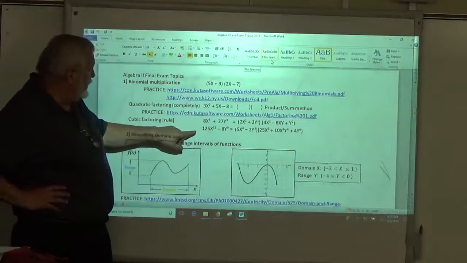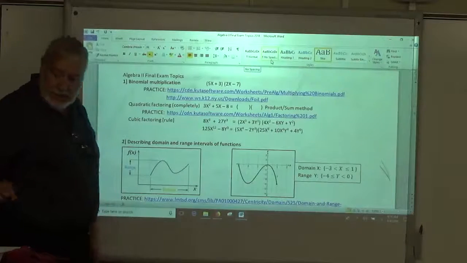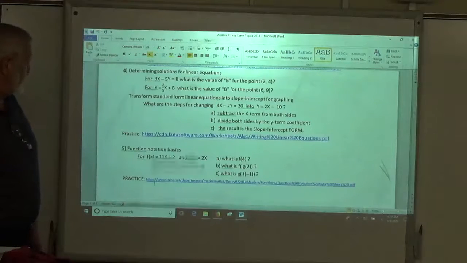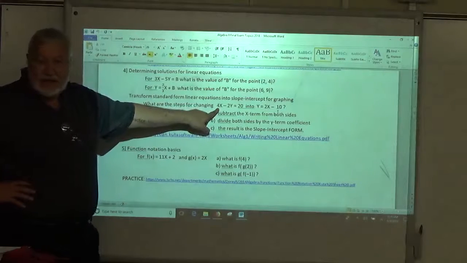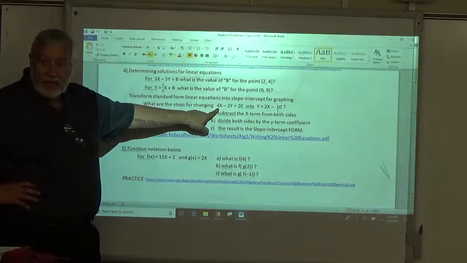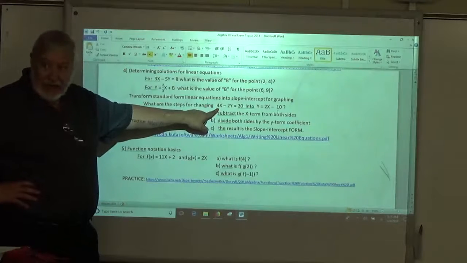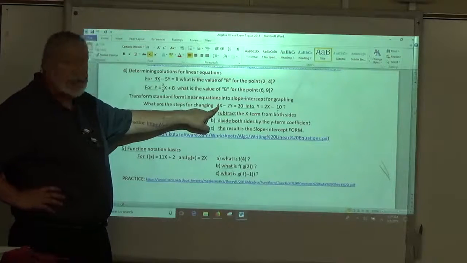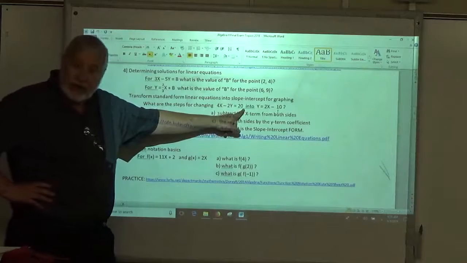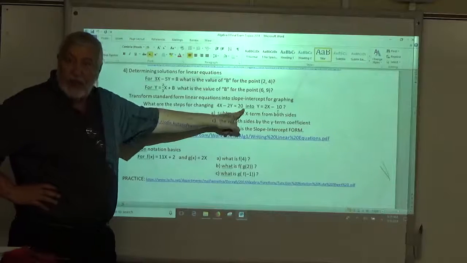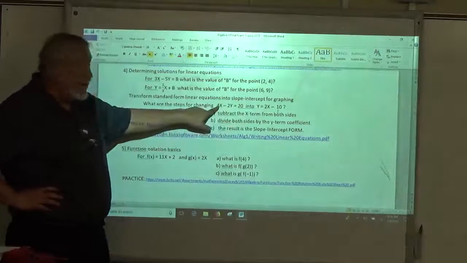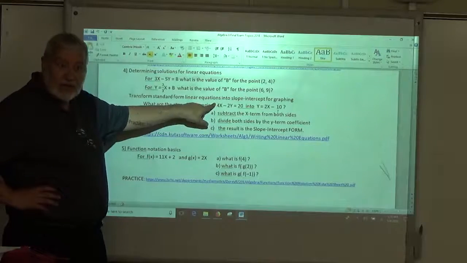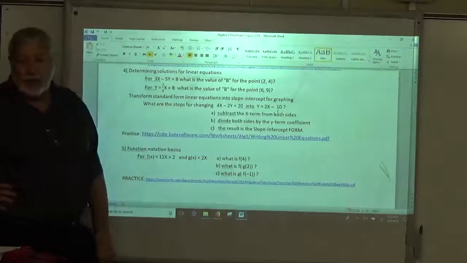Where'd it go here? It moved. There it goes. Okay. What are we going to have to add to this to make 0? -4x. And when I add a -4x to this side, what do I have to do over here? Add a -4x. So when this number goes to the other side, it changes sign from +4x to -4x.